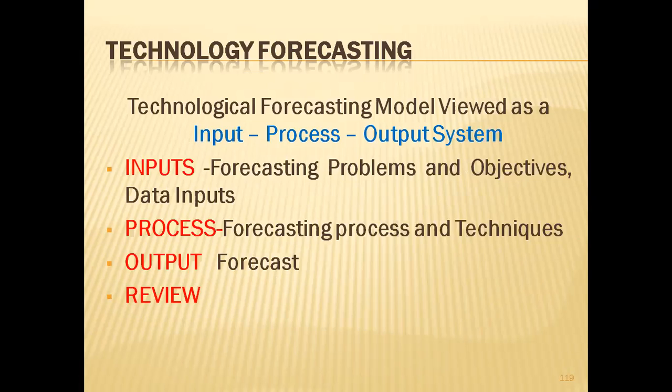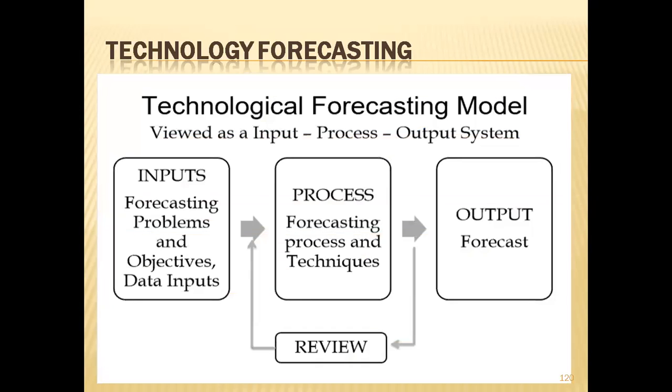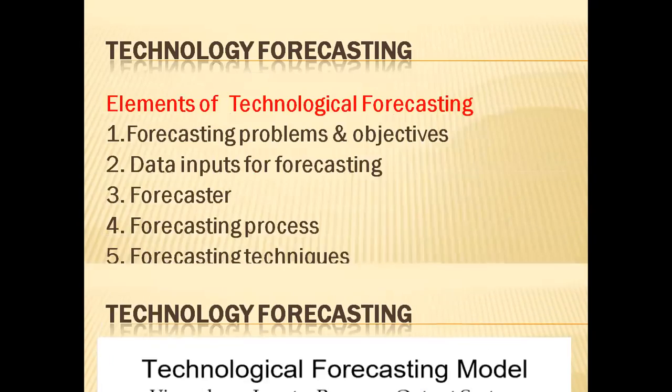So there are a lot of courses. The most important aspect of technology forecasting is data. All that matters is data. Once you process the input, you have the output, which is reviewed. This model can be further expressed in the form of this figure, which I have discussed.